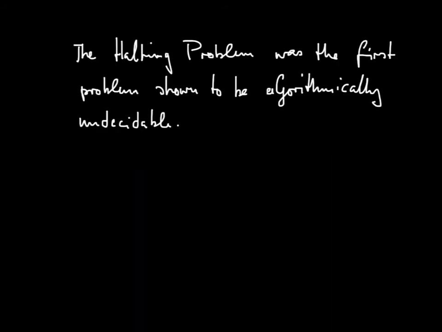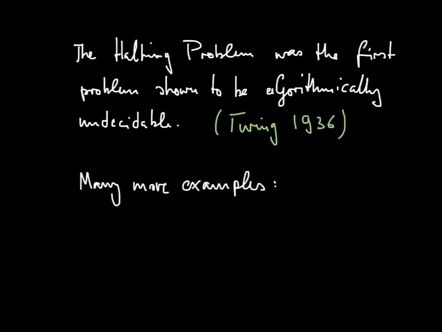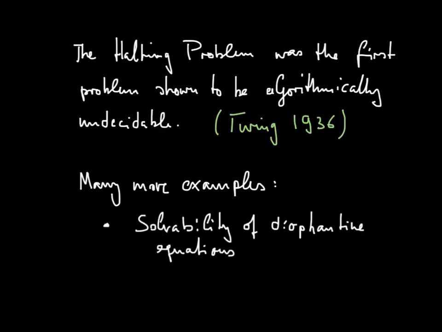The halting problem was the first problem shown to be algorithmically undecidable. This was shown by Turing in 1936. These days we know many more examples of such undecidable problems. One famous example is the question whether a Diophantine equation is solvable or not.